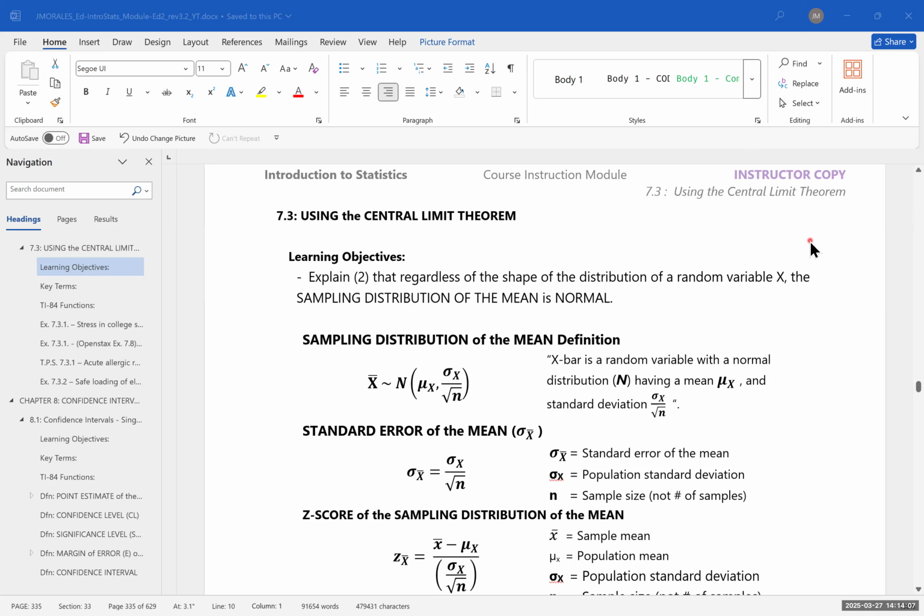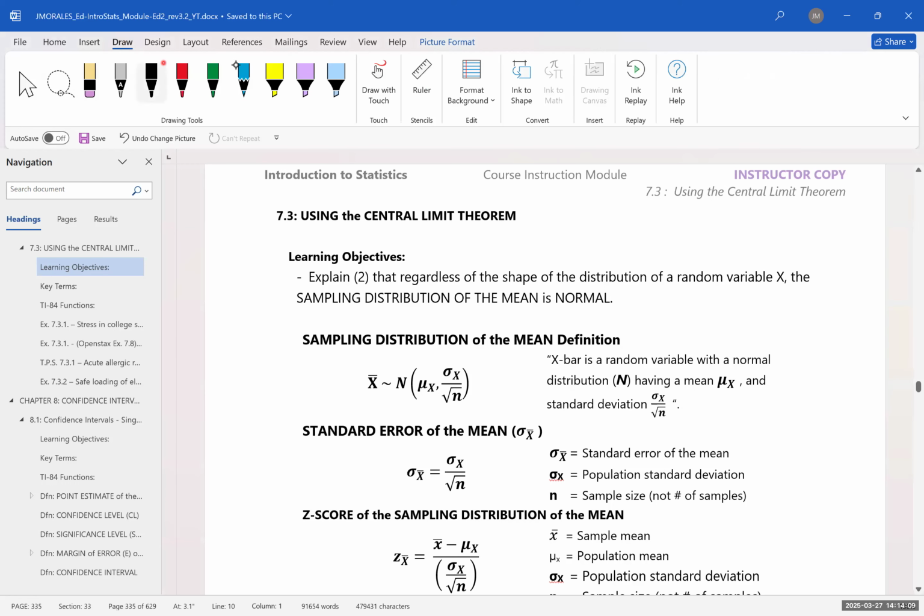was learning and understanding what we mean when we talk about the sampling distribution of the mean, that this is a distribution of sample means. So you take a bunch of samples, you collect the means of each of those samples, and when you plot each of those sample means on a dot plot, that itself creates a distribution.